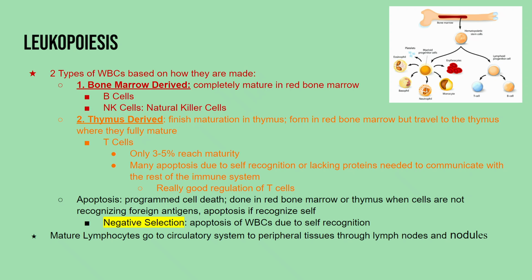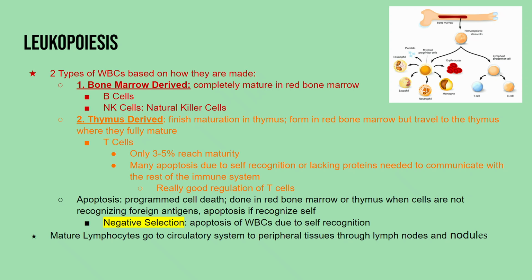So only 3 to 5% reach maturity, and then many of them undergo apoptosis due to self-recognition. So the body has a really good regulation of T cell formation. It's really important that the body has a way of regulating what white blood cells actually get formed, because if white blood cells are recognizing themselves as pathogens, then that's when you have an autoimmune disease, because your body's going to start attacking itself.